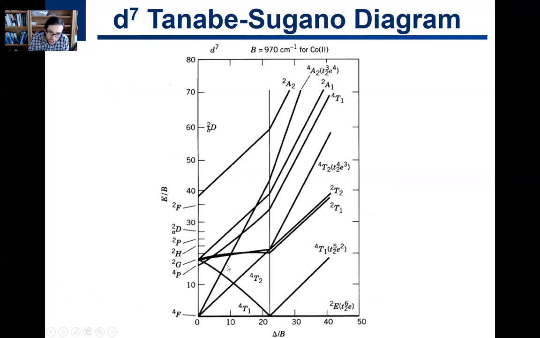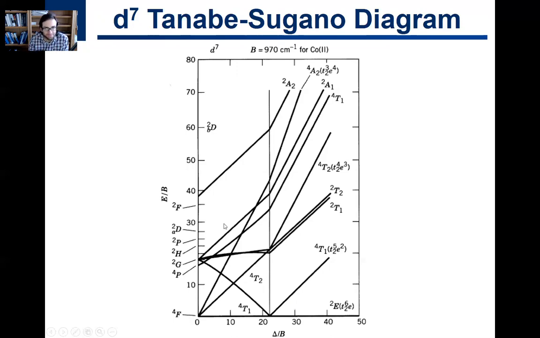Where do those ratios of energies equal what I'm seeing on my diagram? If the ratios are equal to what you're seeing, that can tell you where you are in terms of delta over B. It can tell you how strong of a ligand you are. And then that can allow you to compute, for example, a third hypothetical transition or something like that, okay?